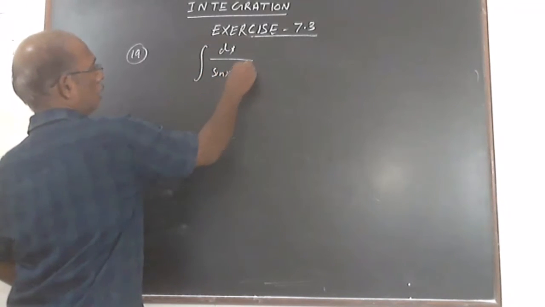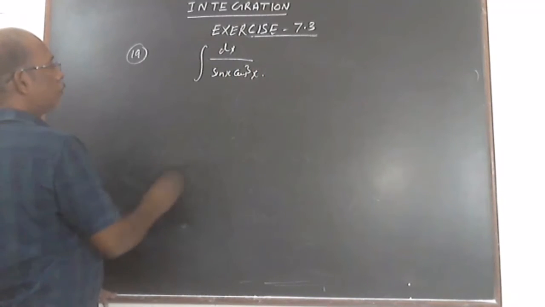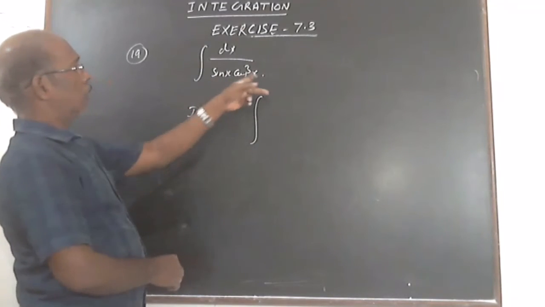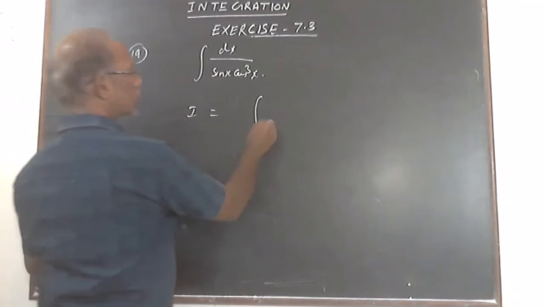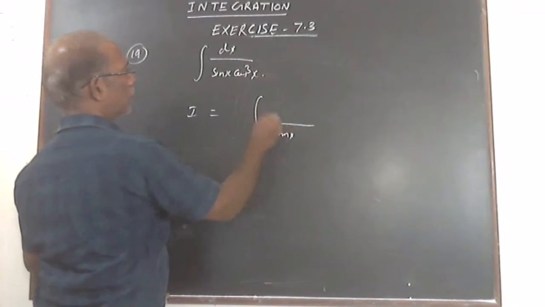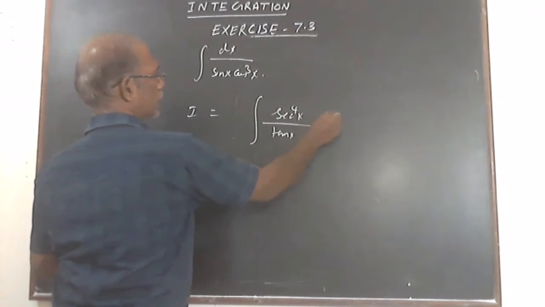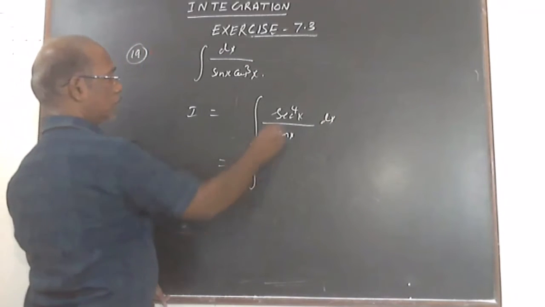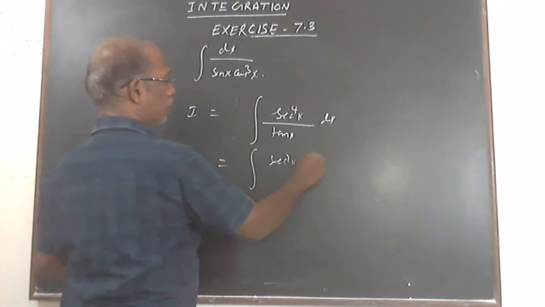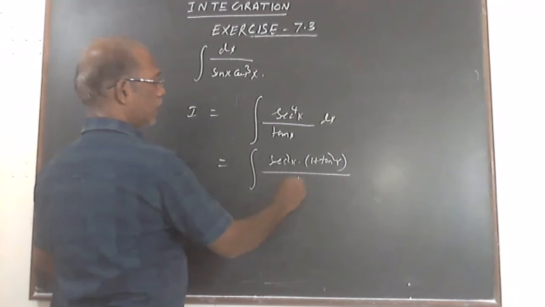Now we can do some adjustment. The denominator is multiplied by cos x, so we get tan x, and 1 by cos power 4 x, secant power 4 x dx. Correct? Then secant square x into secant square x, that is 1 plus tan square x, by tan x.